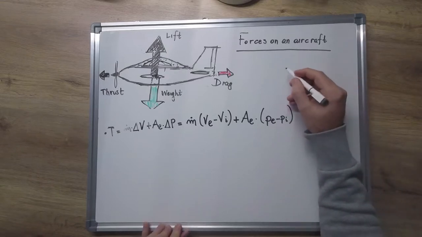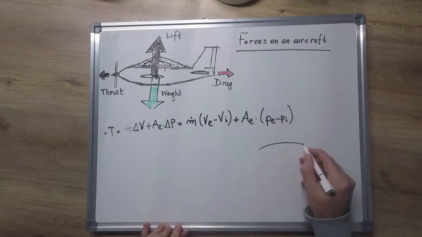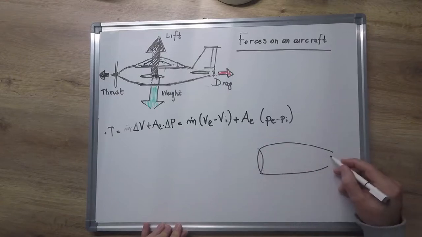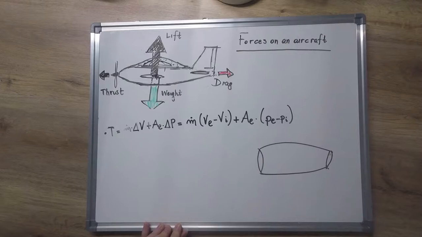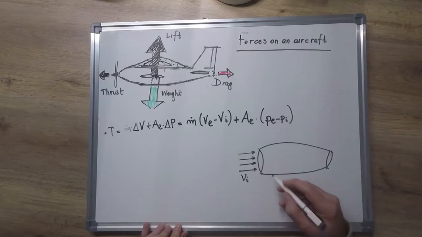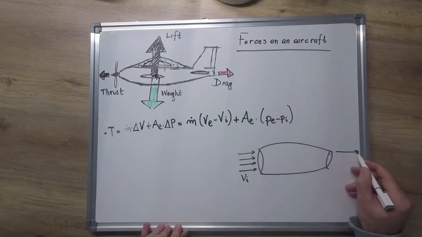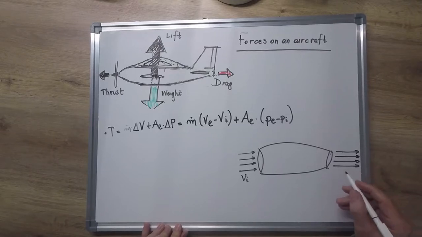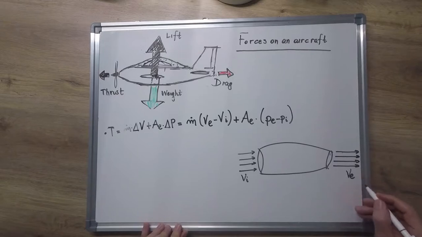I'll make a sketch here. The air entering the engine with a velocity vi and exiting the engine with a greater velocity ve.